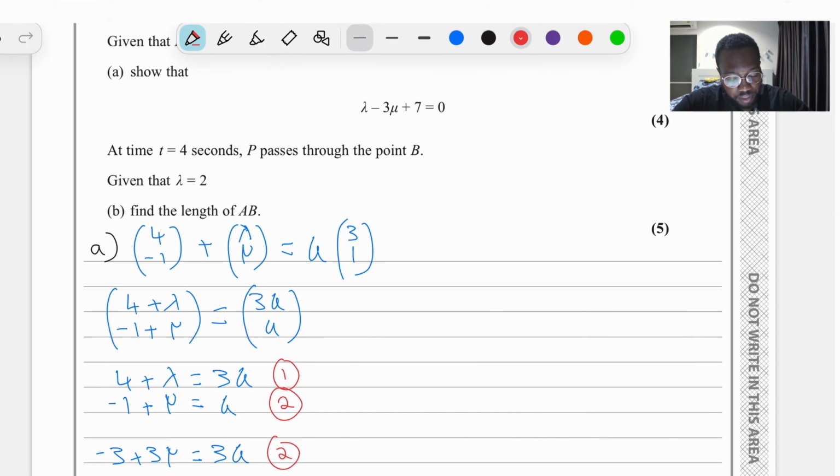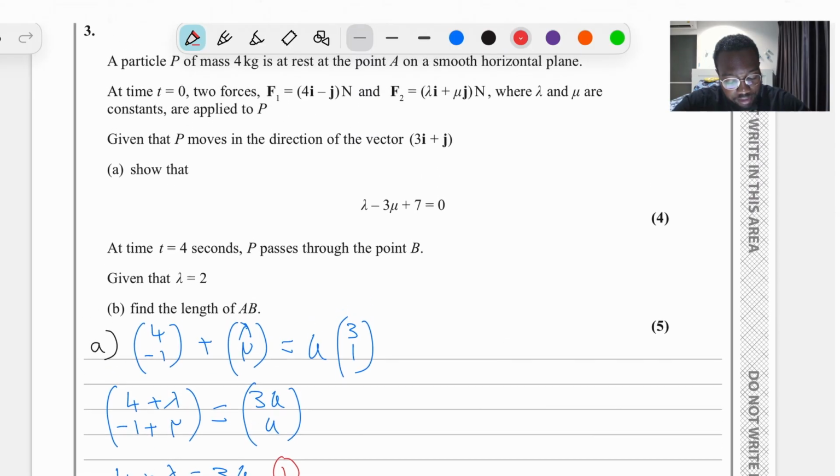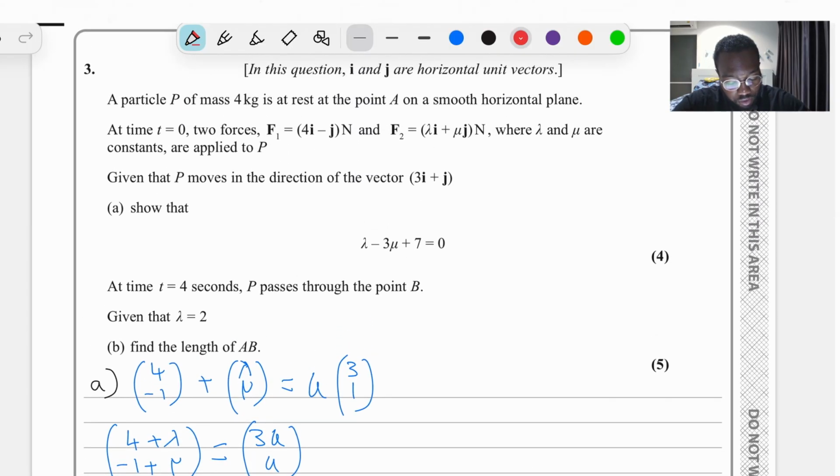So for part B now, we're told that at time t is equal to 4 seconds, P passes through the point B. And given that lambda is 2, we need to find the length of AB. So with all this information, we can work out our mu value now.